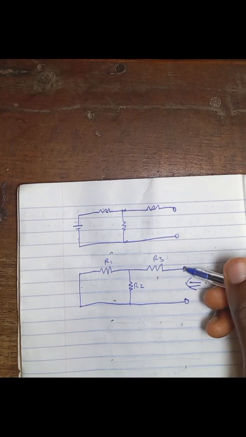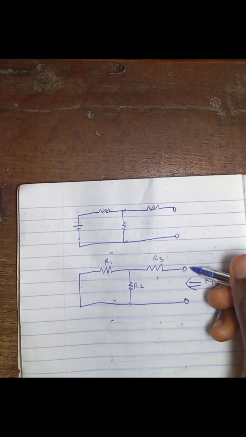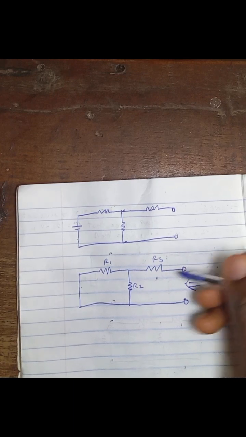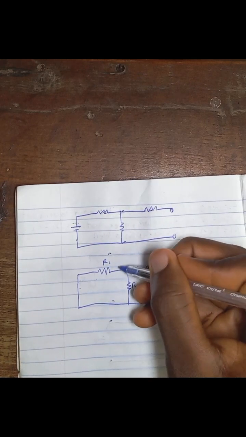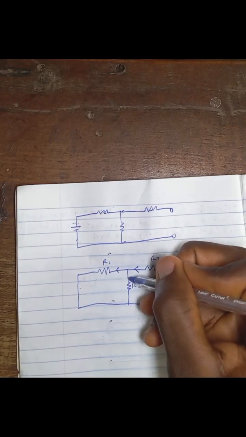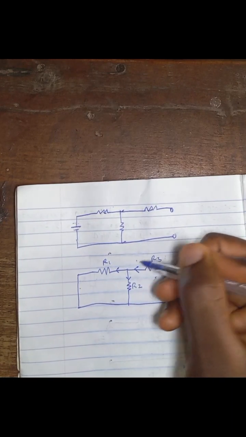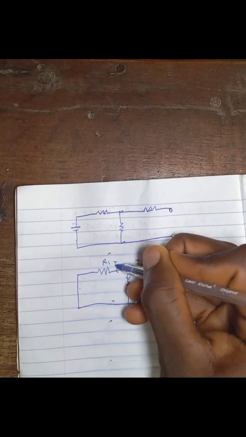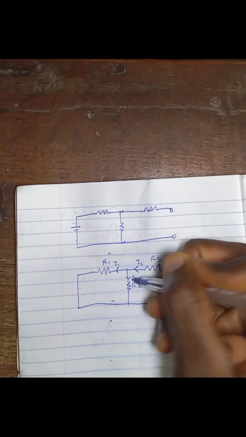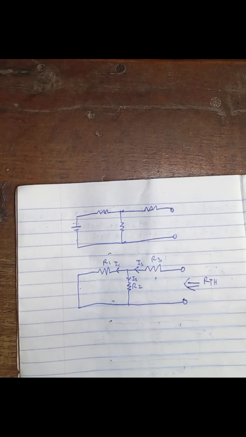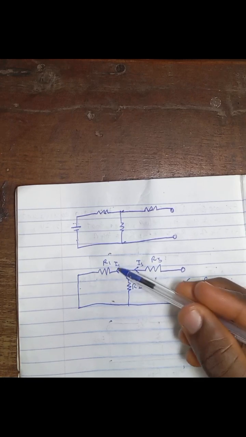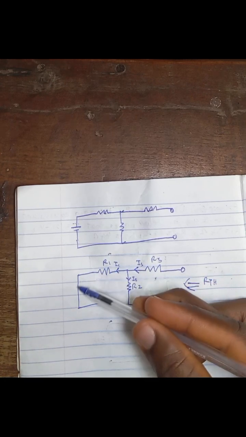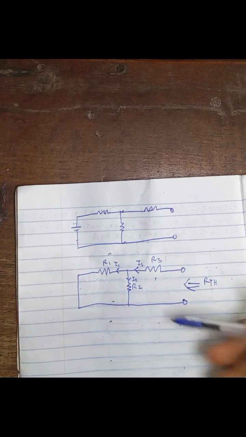Let's assume that current is flowing through this point, R3. When the current comes to this junction, it divides into I1 and I2. Let's call here I3, here is I1 and I2. So any place the current divides, those two parts are in parallel and they will end up coming to meet to make up that I3 here.